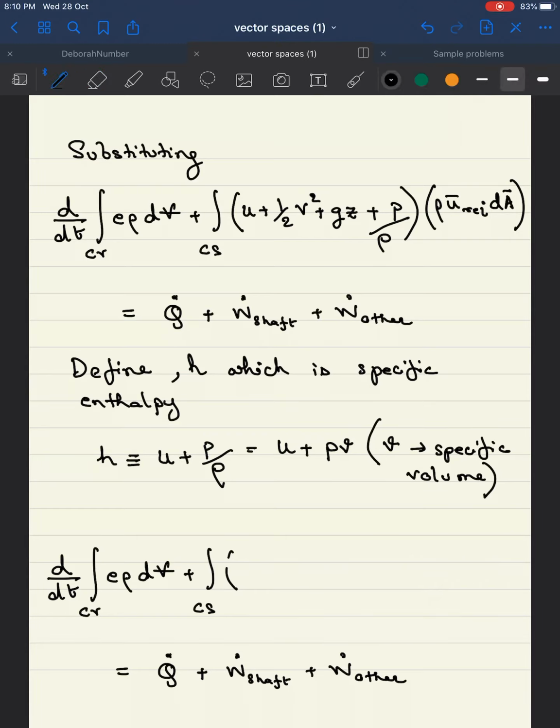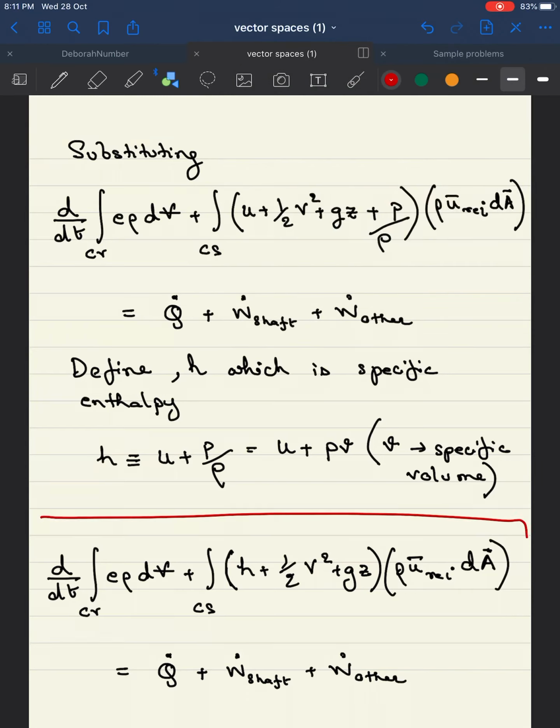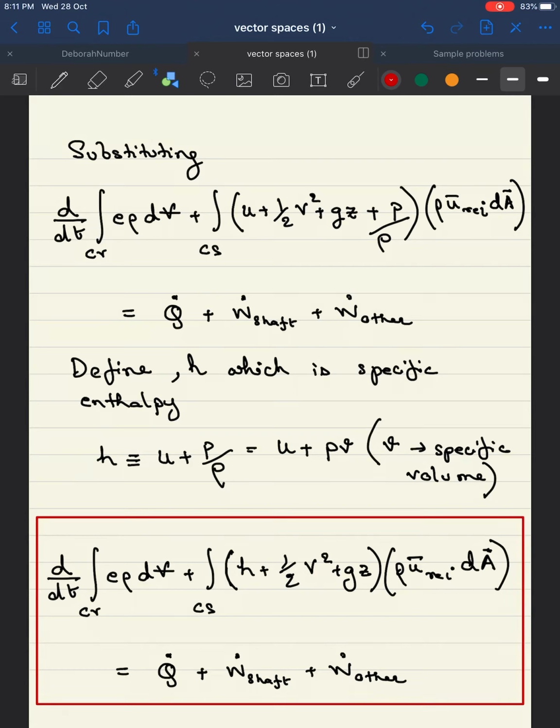So this is now equal to H plus half V square plus GZ, into rho. Great, so this becomes an important equation for my conservation of energy. This is the conservation of energy simplified and transformed a little bit. This equation in this particular form, we'll see, is going to be quite useful to us.